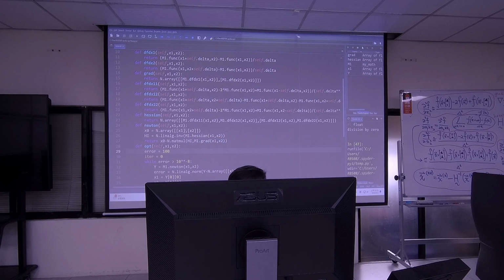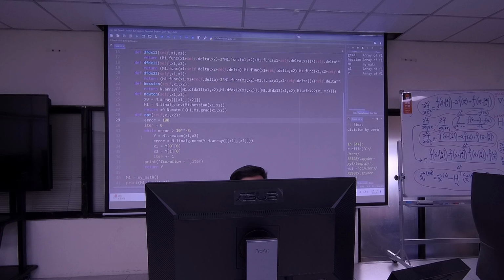So that gives me an array of the new position. So if I do the while loop, every time I run the Newton, what it returns is a NumPy array.